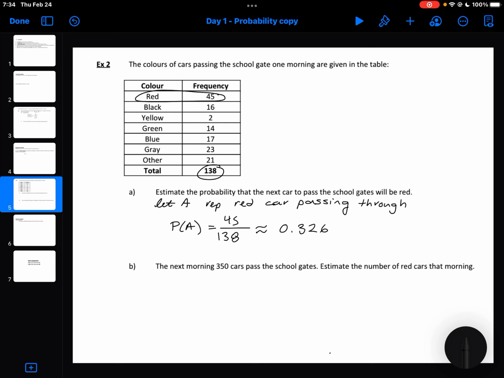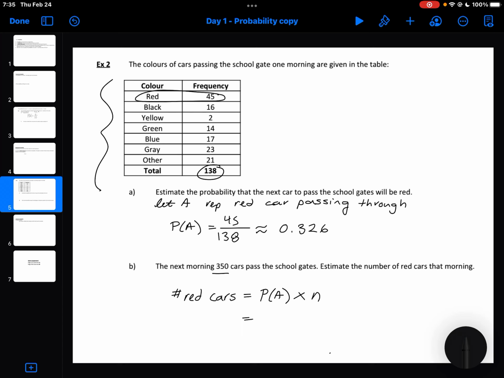Pretty low probability. Looking at the next car, the follow-up to this is our expected value. The next morning, 350 cars passed the school gates, and we want to estimate the number of red cars that we're going to see that morning, all based on the data collected in a previous experiment. The number of red cars that we're expecting to see is our probability of event A times the number of cars.